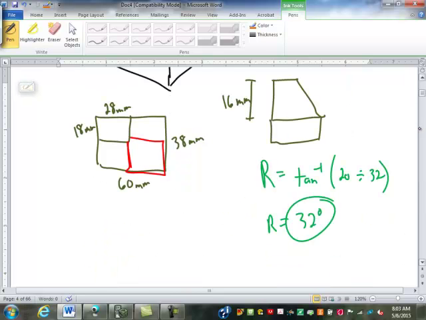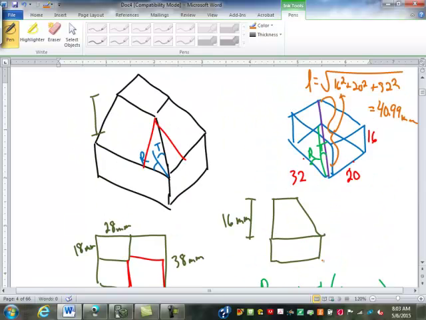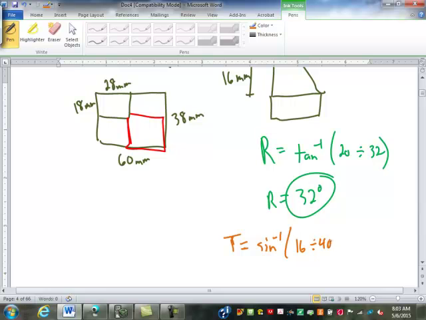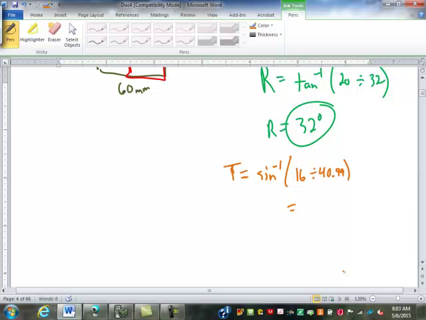So T will be not inverse cosine this time, but inverse sine of 16 divided by 40.99, giving us 22.98 degrees for our tilt.